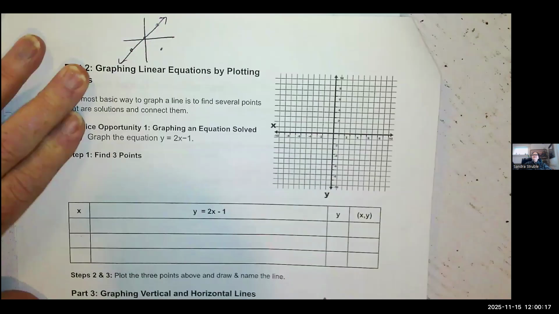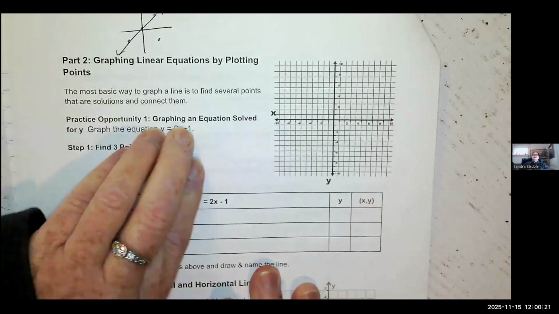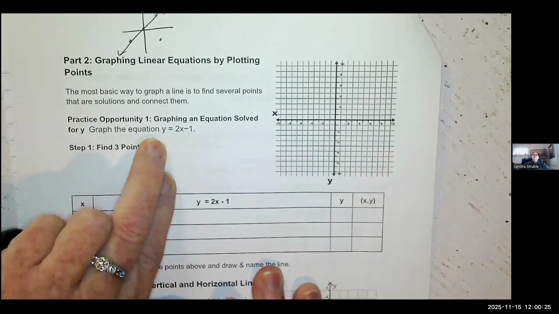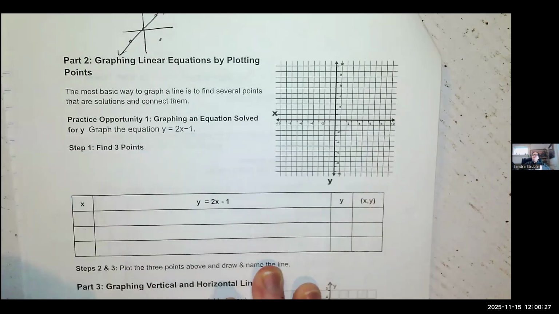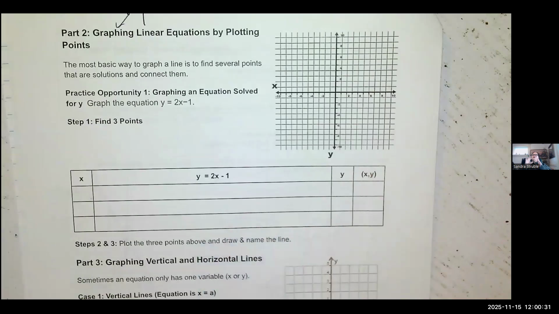All right, we're going to practice by graphing an equation solved for y, already solved, and we're going to graph this equation by finding 3 points. Now note, I did not give you any points to start with. That's because I want you to understand you can choose any point you want for x, anything.